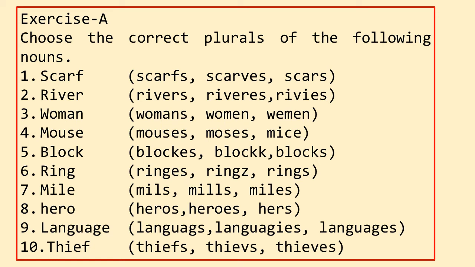The last word is thief, T-H-I-E-F. The words given in the bracket are T-H-I-E-F-S, T-H-I-E-V-S, or T-H-I-E-V-E-S. I hope you would have done it and are ready to correct the answers.